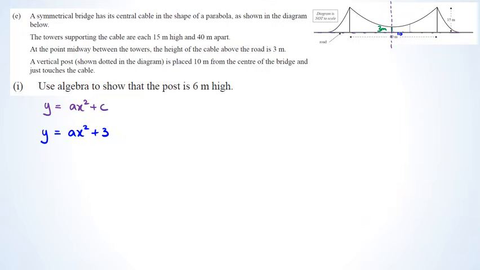Now, I've got to figure out what the a value is. The only other information that I know is this point right here, because from the center to that edge, I can write this as a coordinate as 20, 15. So if I substitute 20 and 15 here, I should be able to get my a value.